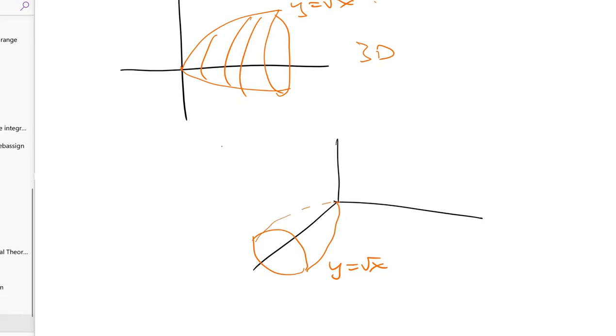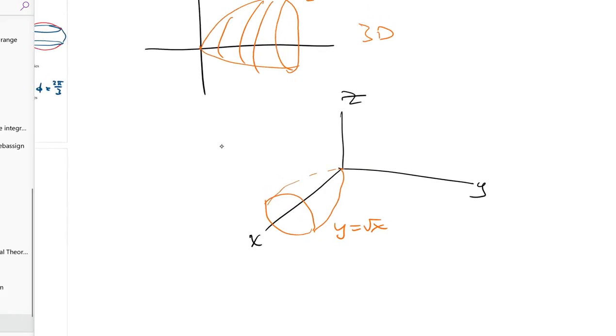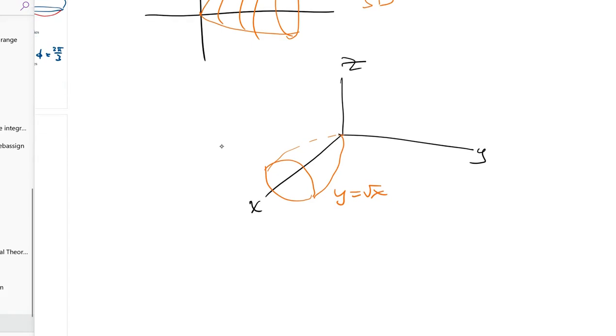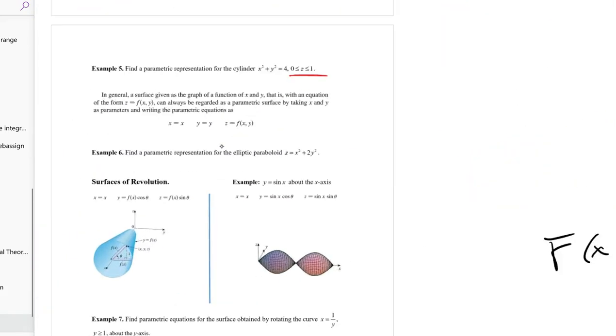And now that I have a z-axis, I can work with it in order to get a parametric representation of the surface itself.